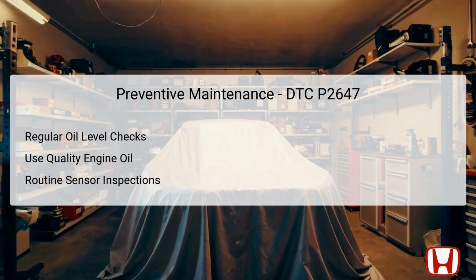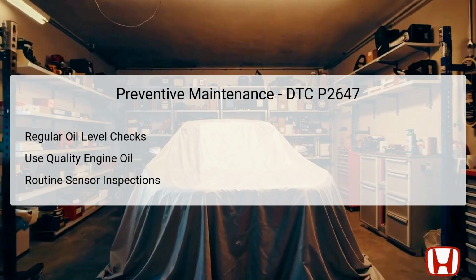Using high-quality engine oil, as specified by Honda, will also help maintain engine cleanliness and proper functioning of vital components, including sensors and valves. Routine inspections of the rocker arm oil pressure sensor and control valve can pinpoint wear and tear before leading to failure.